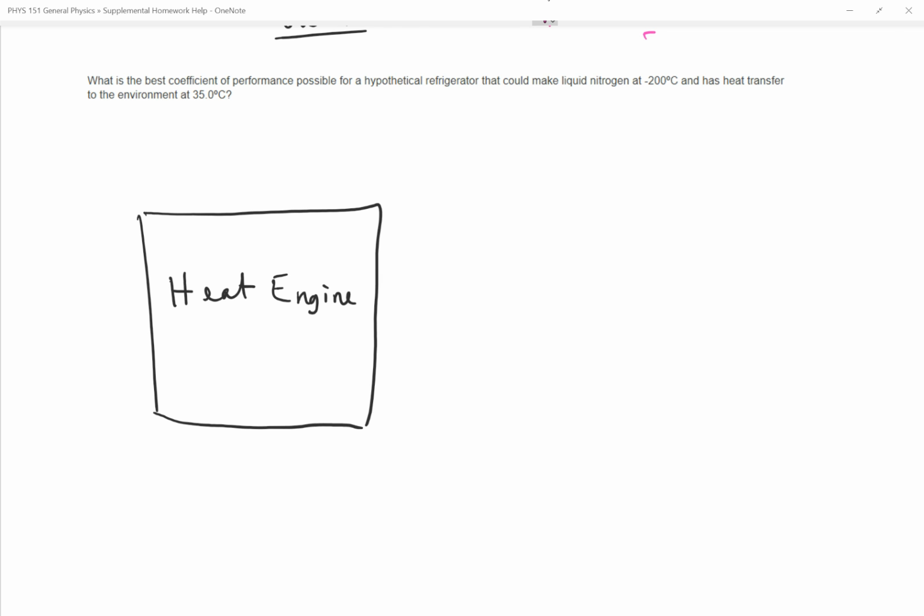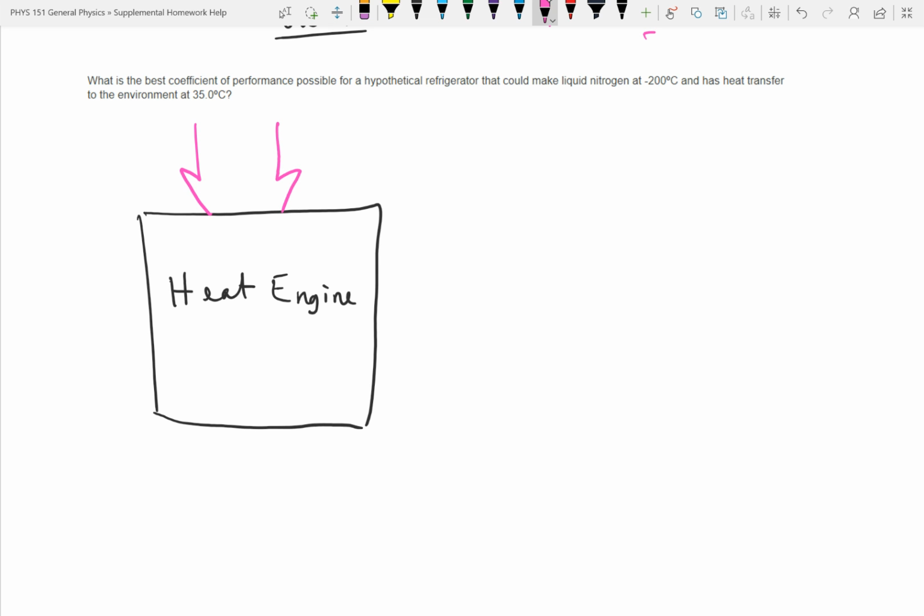Okay. But for the heat engine, we were putting in energy as Q at high temperature, heat at high temperature. And then what we wanted out was the work. And so efficiency was what we wanted to get out of it, the work, over the energy we put in, Q high.